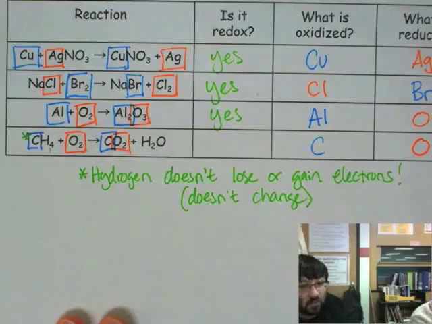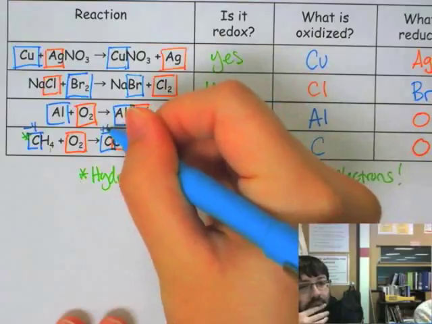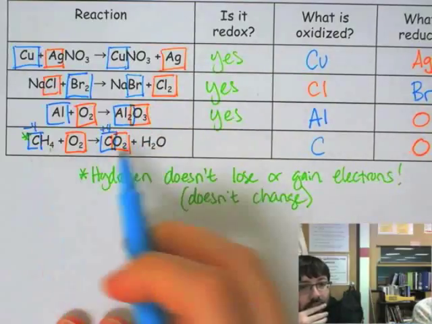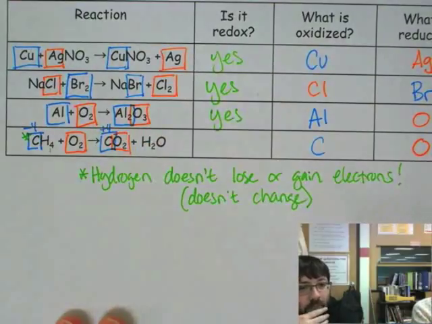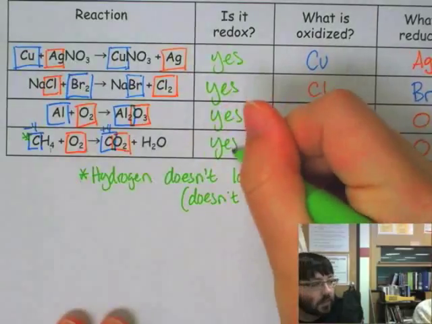It switched all the electrons all at once. Over here it was a -4 charge, and over here it's a +4 charge. So carbon clearly lost its electrons there, so that is the one that is being oxidized. So this is a redox reaction. It is a weird redox reaction.